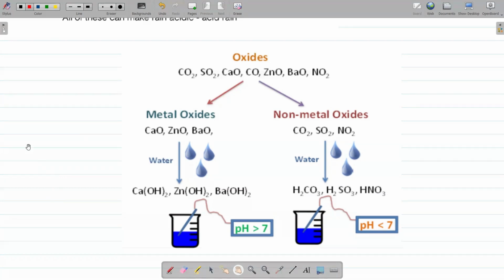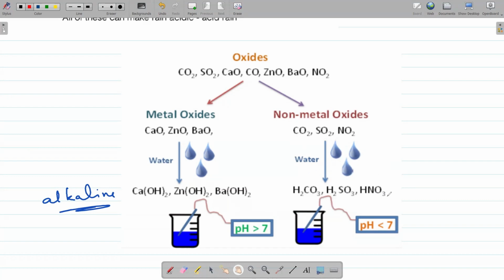They give an alkaline solution which has a pH greater than 7. And if you see non-metal oxides like carbon dioxide, sulfur dioxide, nitrogen dioxide, when they dissolve in water, they form acidic solutions. So here you see HNO3, nitric acid, carbonic acid.